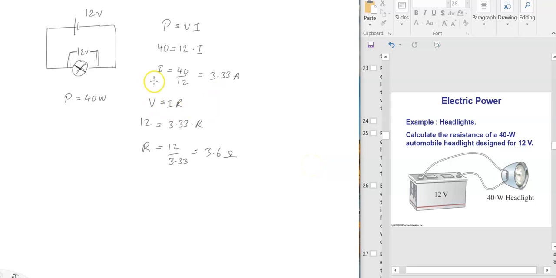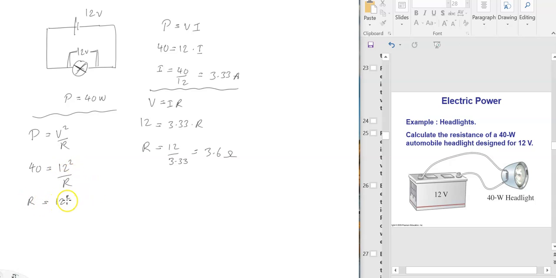Now, what I did was a two-step procedure. I found the current using the power and then used Ohm's law. I can do this in one step as well. If you think about this equation, P equals, we are looking for the resistance, we have the voltage. So how about this one? V squared over R. 40 equals 12 squared over resistance.